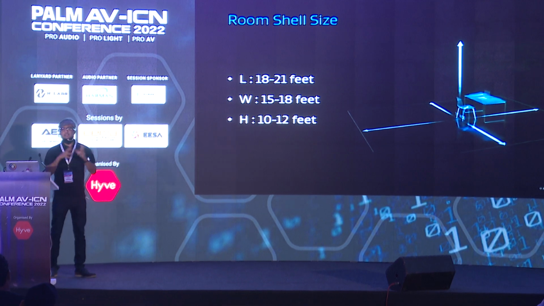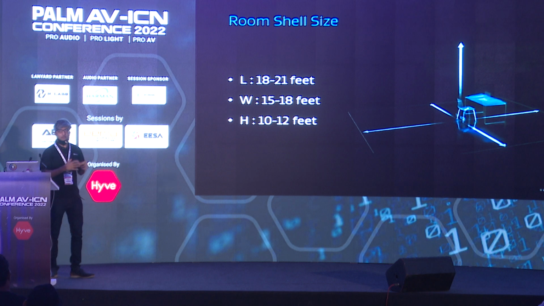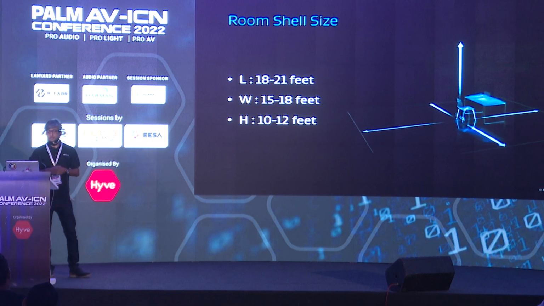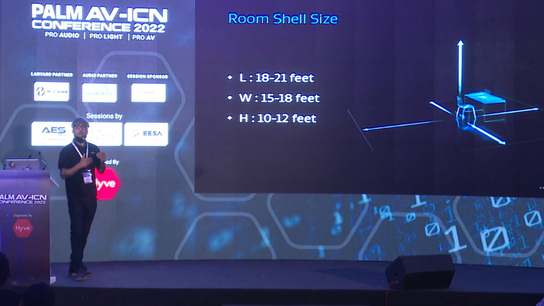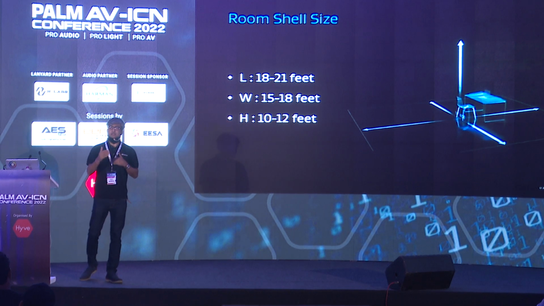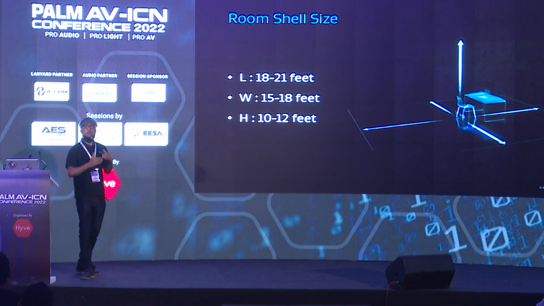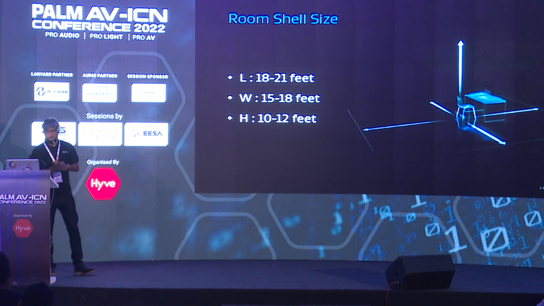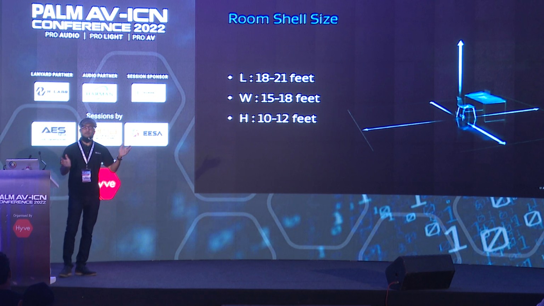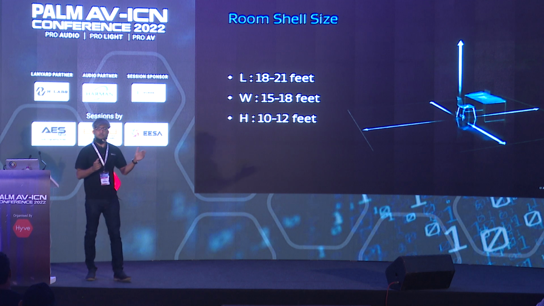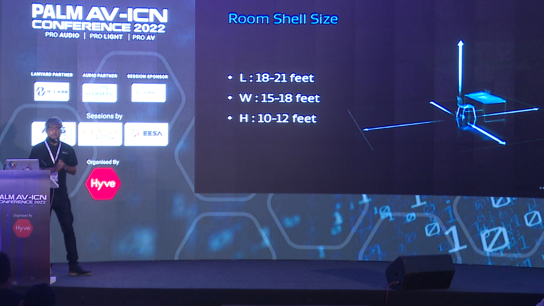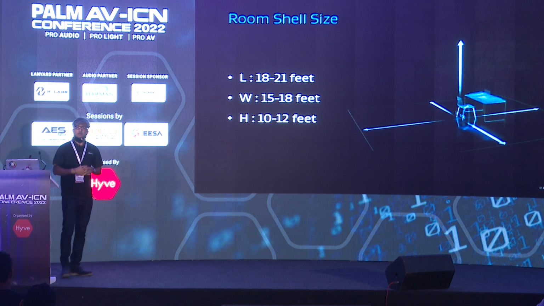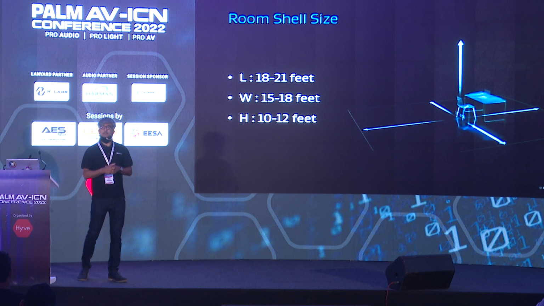So shell size, now I'm talking about the basic shell of the room, the bare walls. Any room that has a length of about 18 to 21 feet, can be more, a width of at least about 15 to 18 feet and a height of 10 to 12 feet will be a very decent room size to start with.